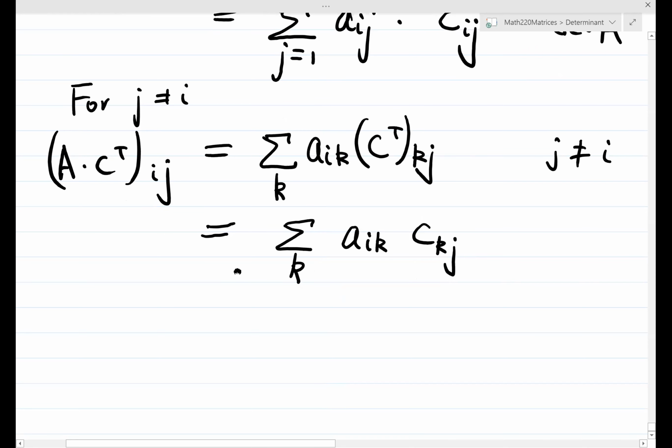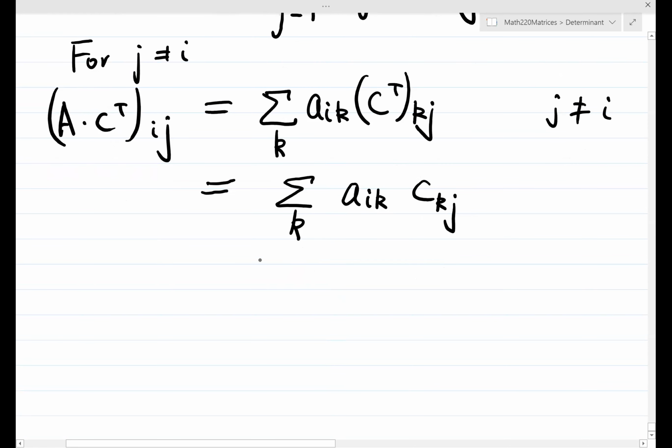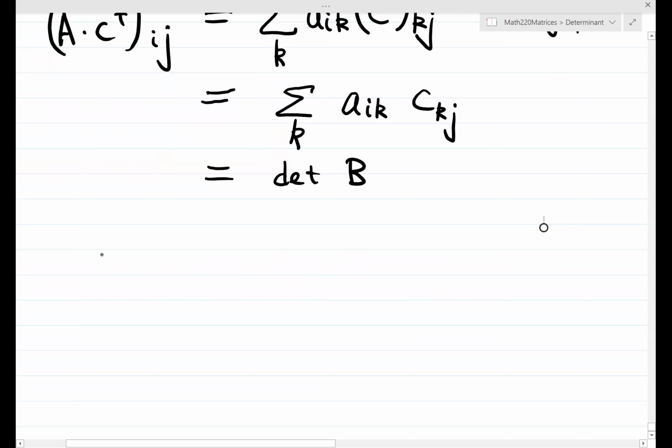Now this will be the determinant of B, where B is this matrix.